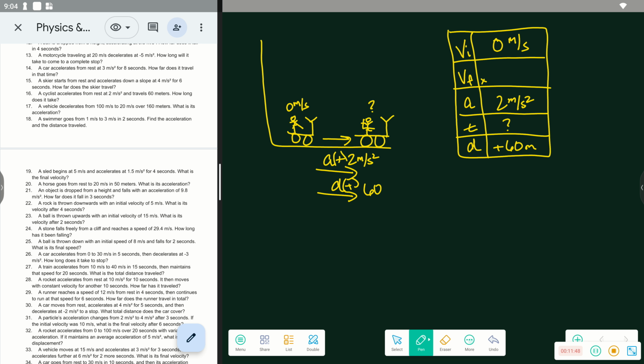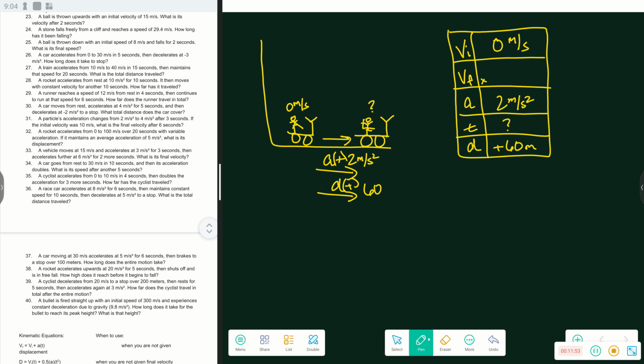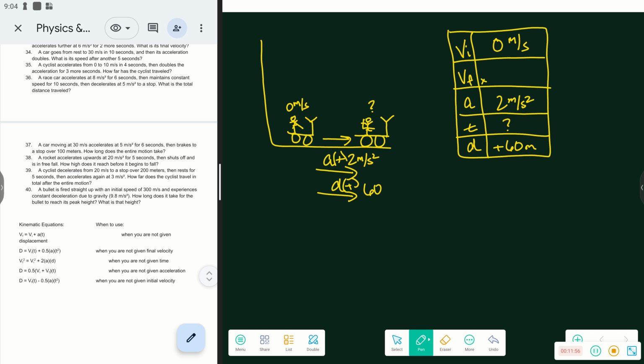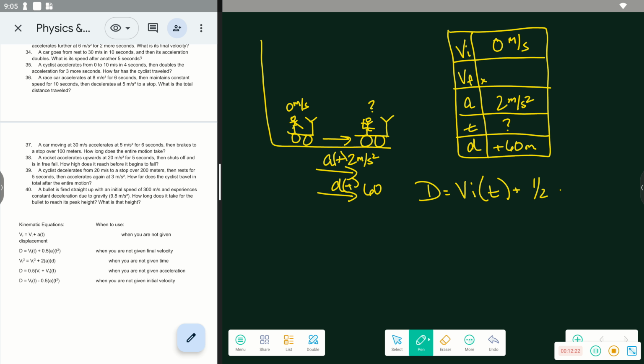Okay. So you have displacement, you have acceleration, and you have initial velocity. You're not given final velocity. So in this case, what could you do? You're going to use the second equation again. D equals VI times T plus 1/2 of AT squared.